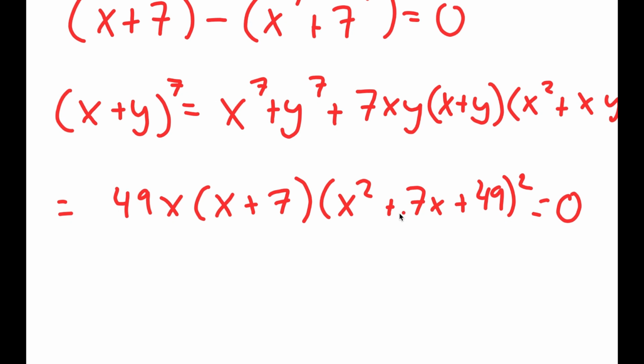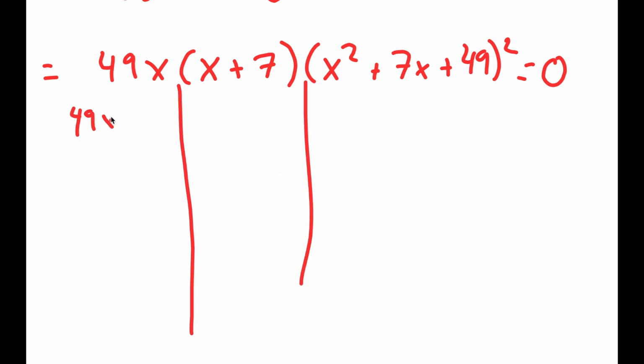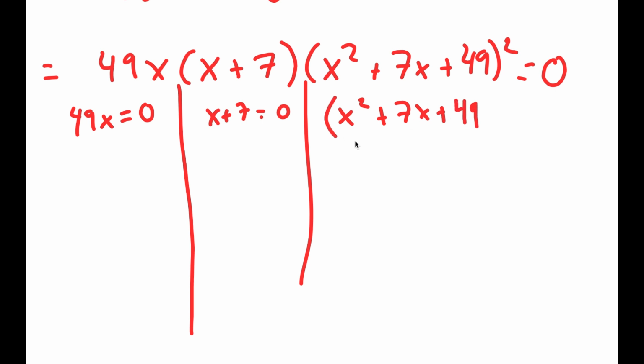So this is what I get. Now this actually gives me three different equations. I get 49x = 0, x + 7 = 0, and (x^2 + 7x + 49)^2 = 0.